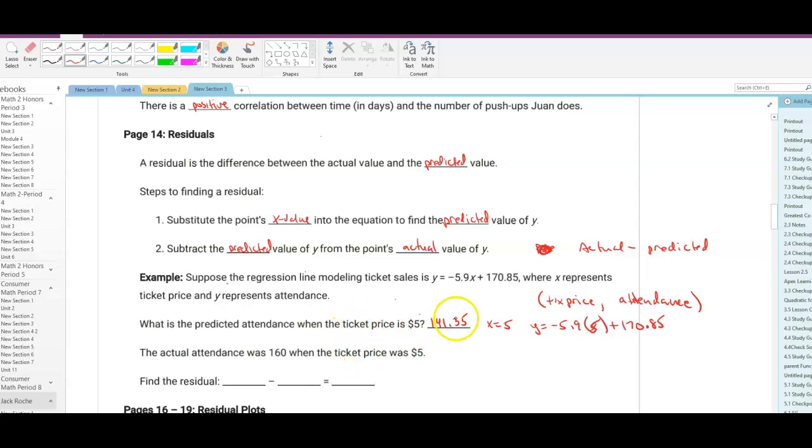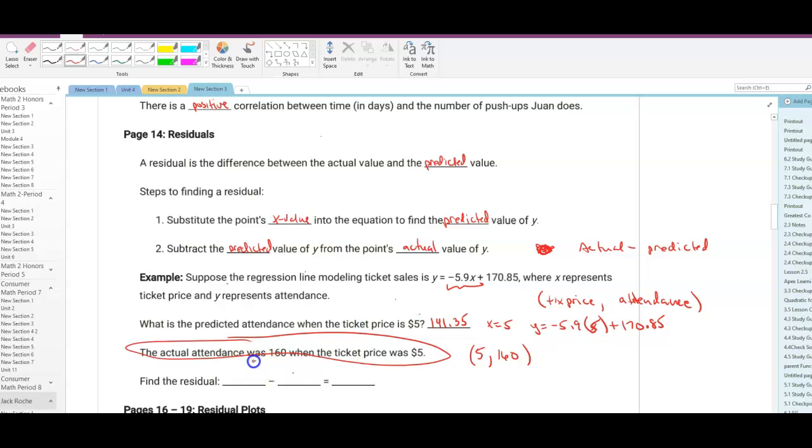Now, if you think about that, why would this be negative? Well, if ticket prices go up, generally attendance goes down because people don't want to pay. That's why this might, and probably does, have a negative correlation. So now the actual attendance: they're telling you the actual ordered pair is when x was $5, the attendance was actually 160.